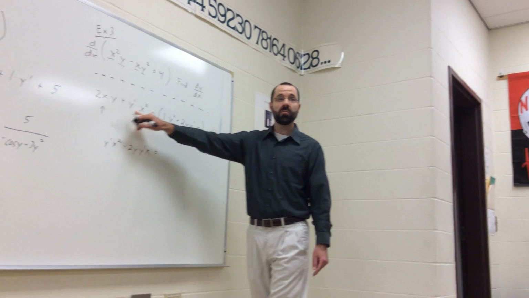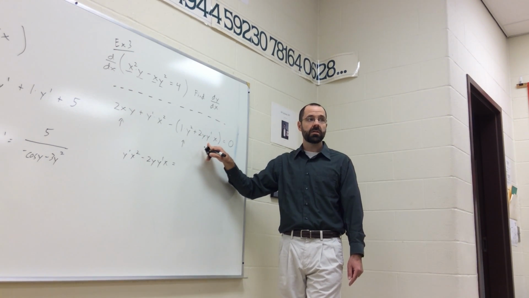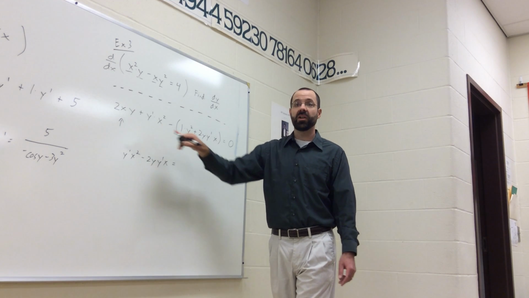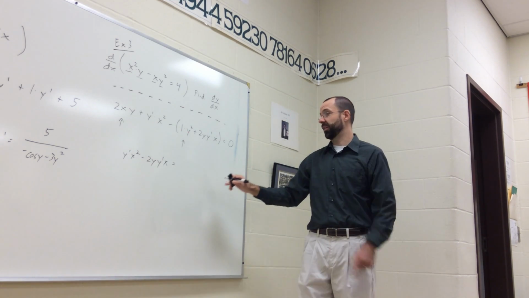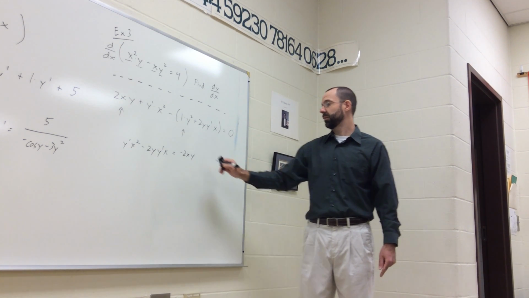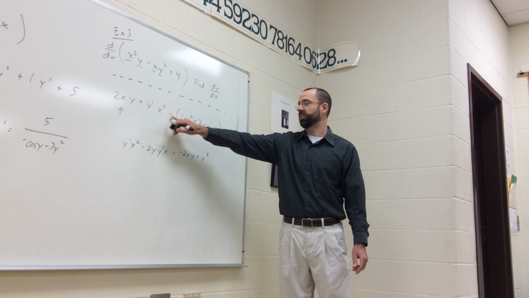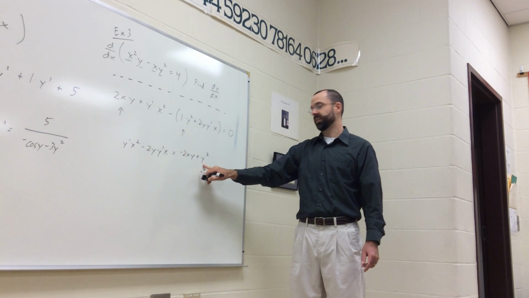So that term and this term are staying on the left because they do have y prime. And then the two that have arrows under them are going to be subtracted to the other side because they don't have y prime. I said subtracted, but this one's negative, right? So I need to add it to the other side.